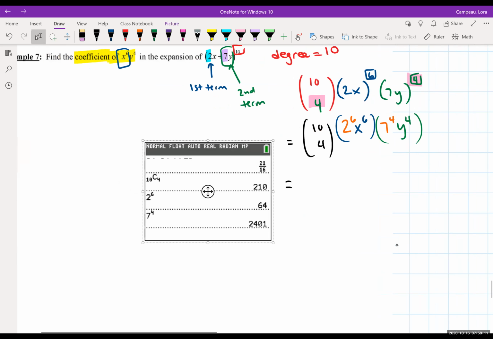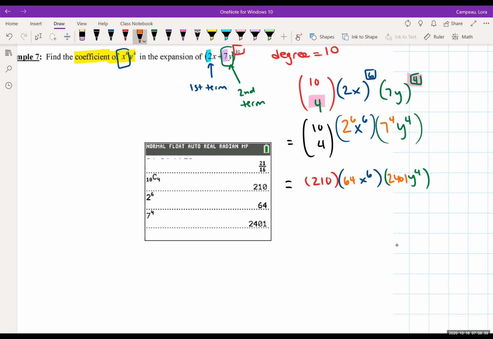Perfect. So we already have 10 choose 4, which we figured out is 210. We figured out that 2 to the 6th is 64. And the TI, I like to give credit where we can, gave us 2,401 for 7 to the 4th.